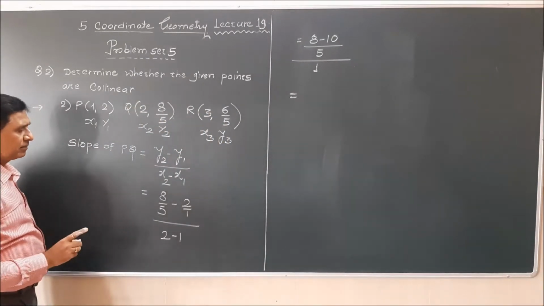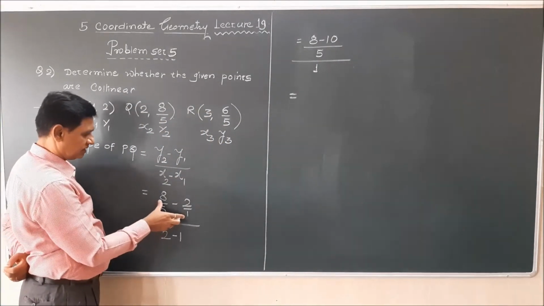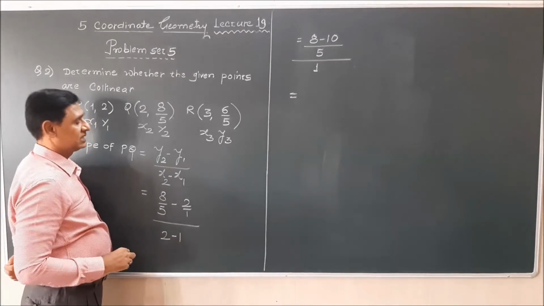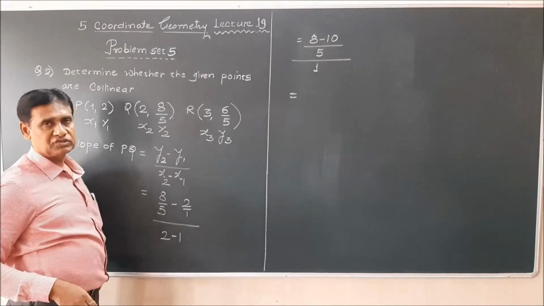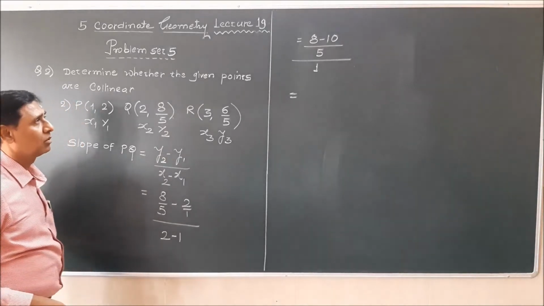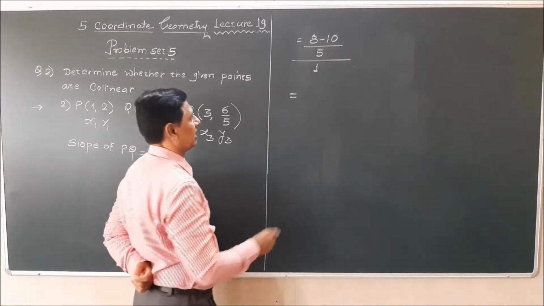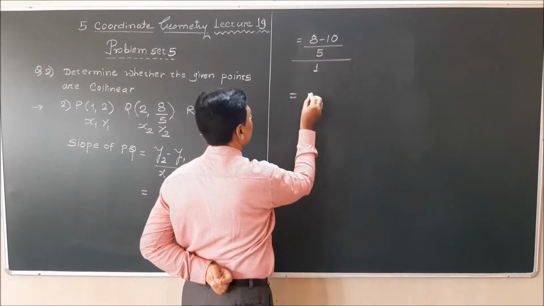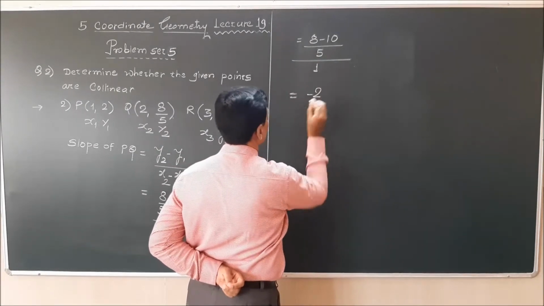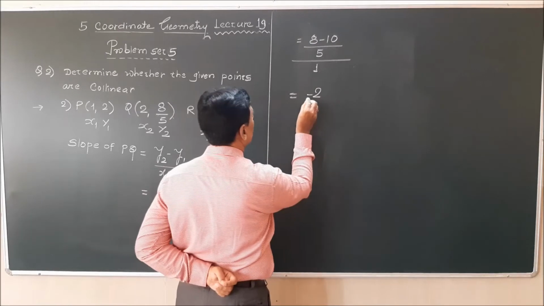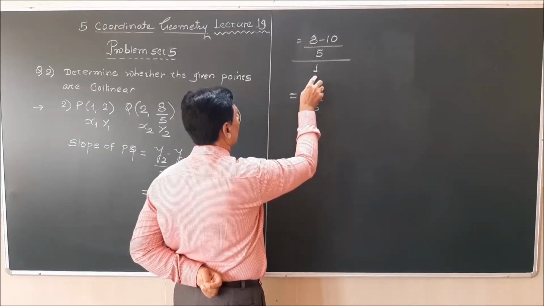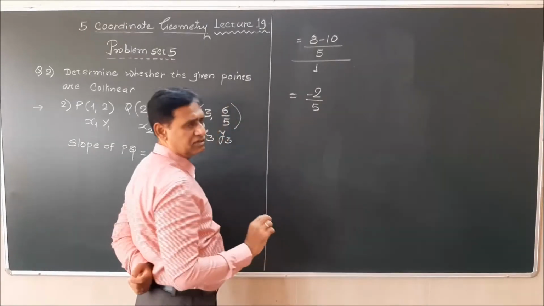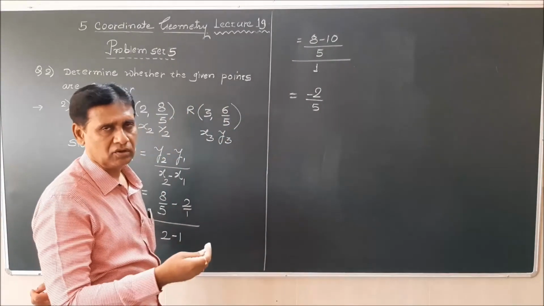Writing on the side again: 8 ones are 8, minus 10 upon 5 is 1, 5 upon 2 minus 1 is 1. So 8 minus 10 is minus 2, minus 2 upon 5 upon 1. There is no need of writing that 1 at all.